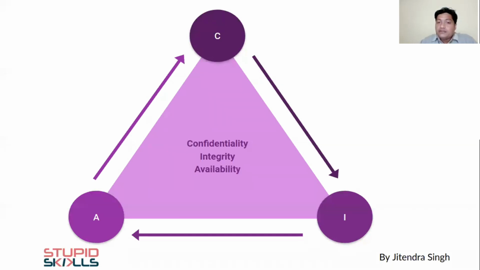Then there is a term called availability. Availability of information is something which is always in some kind of a push and pull with confidentiality and integrity. Because if you make something very, very confidential, then it will not be usable by others and it will not be available to others.